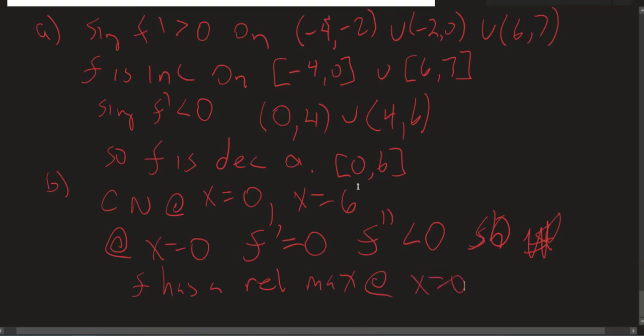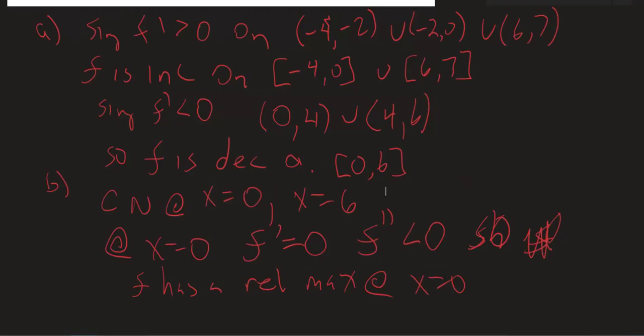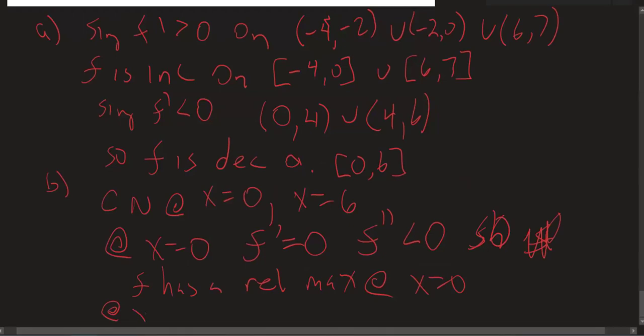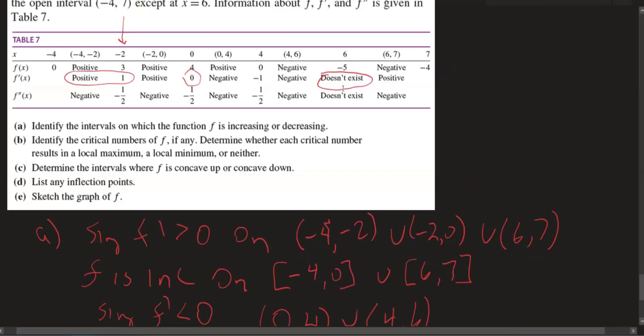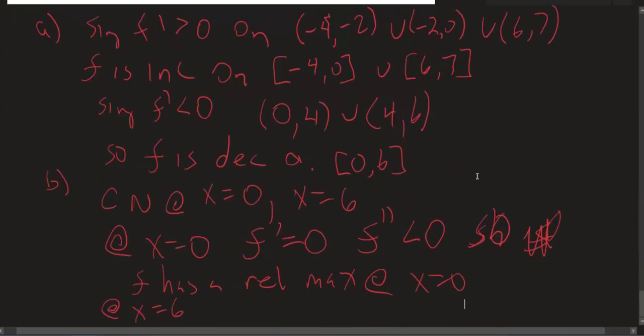The other critical number that we have is at x equals 6. If we look at our graph or table here, the derivative doesn't exist and the second derivative doesn't exist. So we can't use the second derivative test, but we can use the first derivative test, because the first derivative changes from negative to positive at x equals 6, and the function exists there, so we have a relative min.